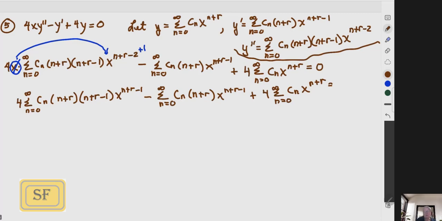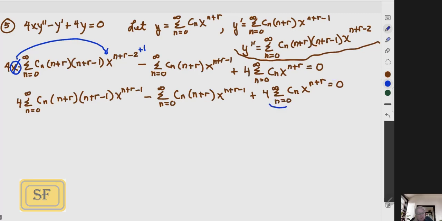Cool. So we brought all the x's inside of the summation. The next step was to look at the exponents, and you want the exponents to be equal. Notice that we have an m plus r. The other ones are m plus r minus 1. So just like before, where we wanted all of our exponents to be k, here we want them to be k plus r.